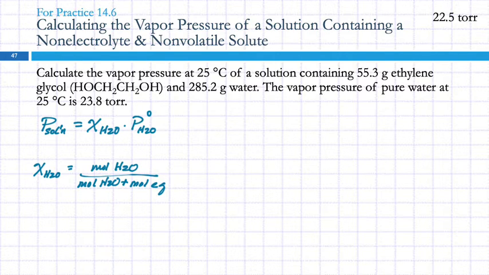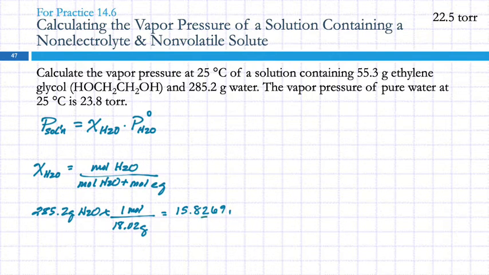So we have to calculate some moles here. 285.2 grams of water, divide that by the molar mass of water. So 15.827. Oops. 15.8269 moles.